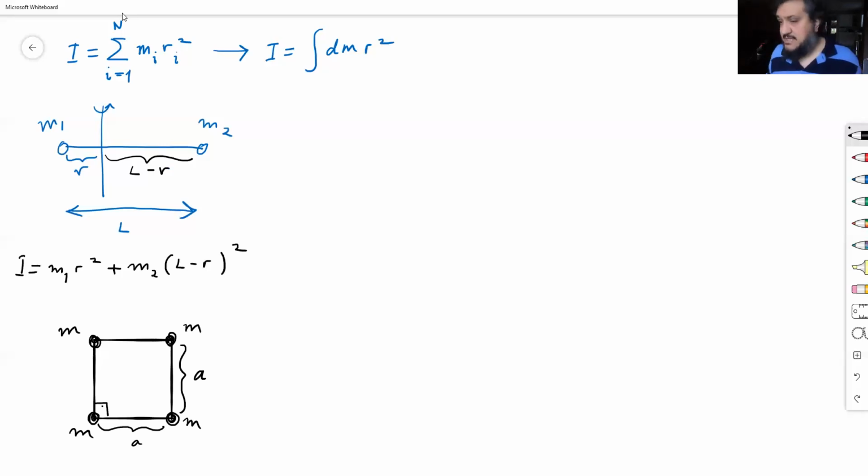Let's change the axes now. Let's think of a couple of options here. Let's say there's one axis that goes through the center, so the rotation is about this axis. And then let's pick this one here.